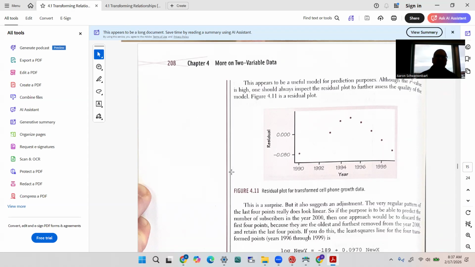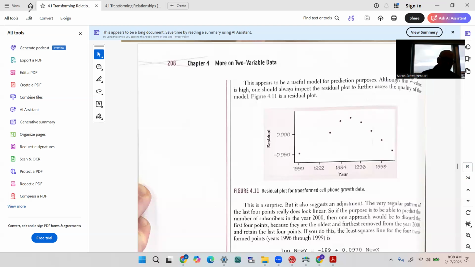No pattern. So this was our one that we just did with the cell phones. Originally, we had a distinctive pattern, right? That was also a clue that we should delete the first four. There is an absolutely distinctive pattern.